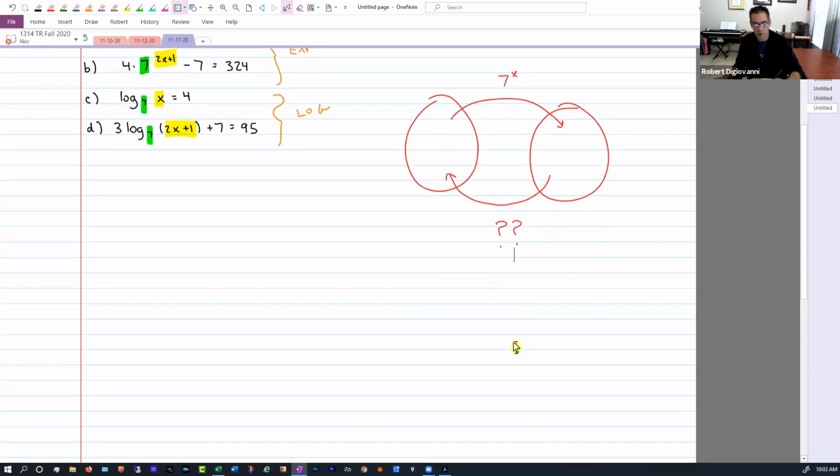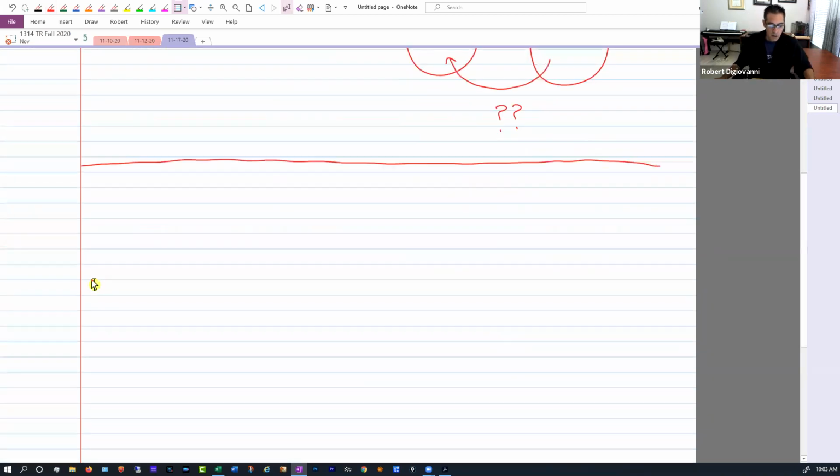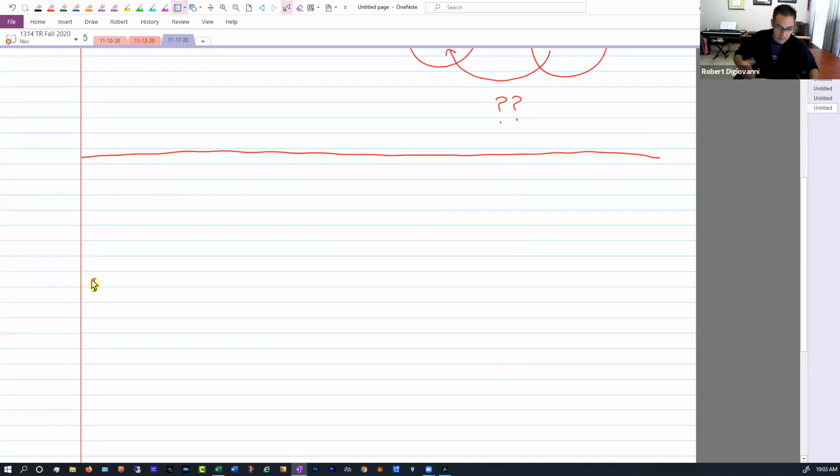So here's where we have to take a pause and understand a little bit more about these inverses. First, I think I have to recap where we are. If we have e to the x, then the natural log of x is the inverse.